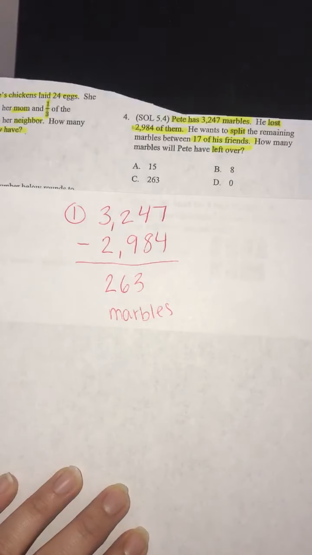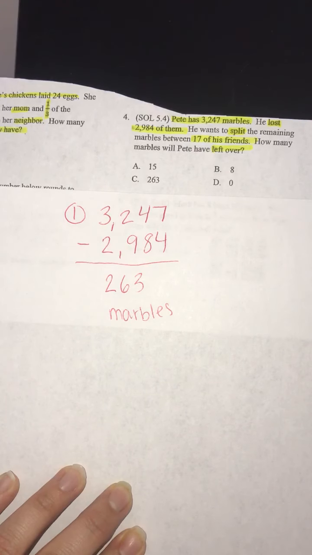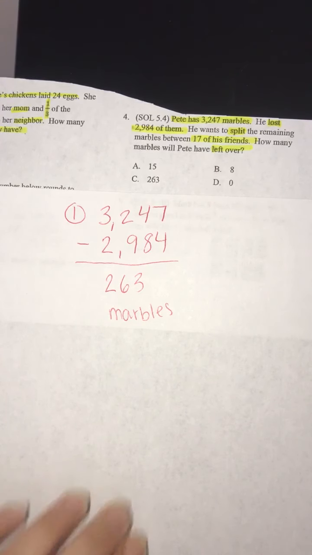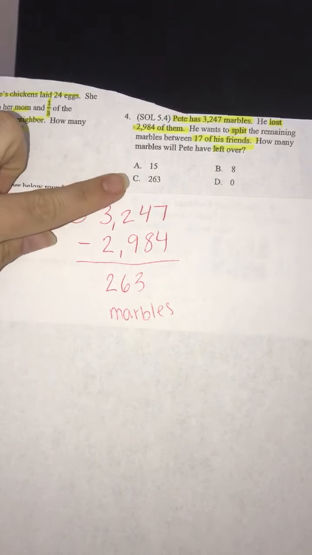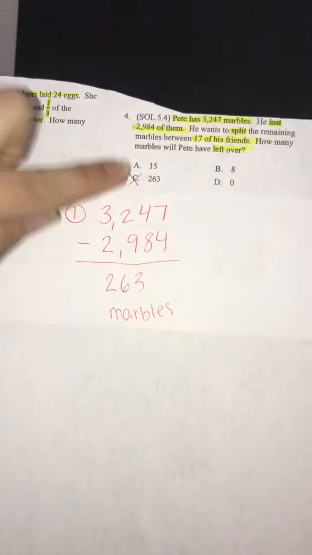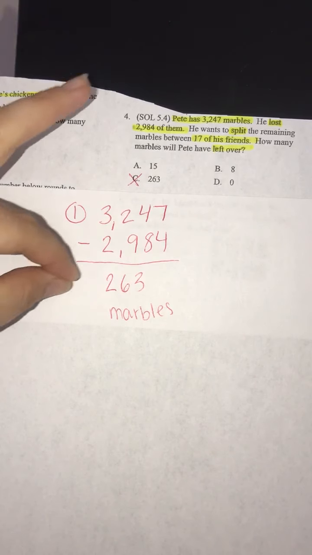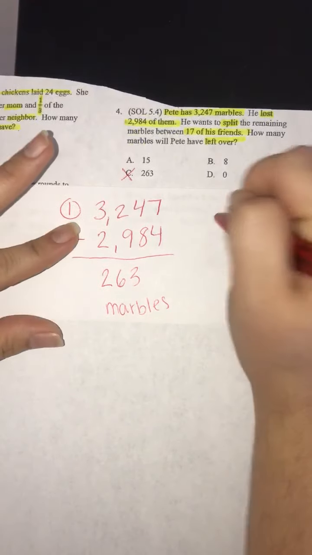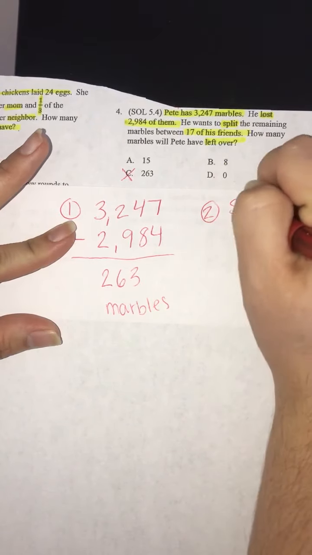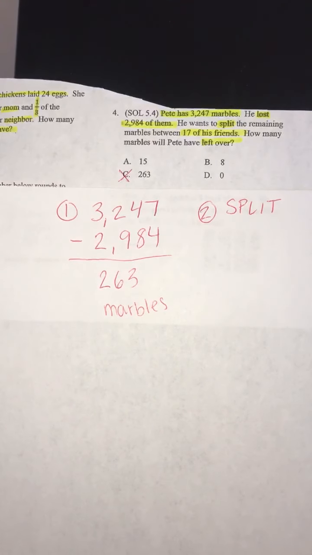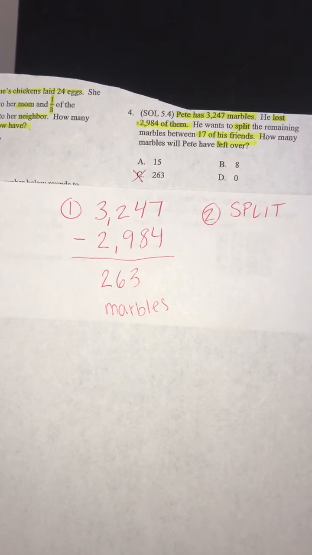Now, it says he wants to split the remaining marbles between his friends. So I'm going to tell you right now that the correct answer choice to this is not C. It's not 263 because that's only how many he has now. The second step says we need to split them. Okay, and I told you guys this in the beginning of the year.